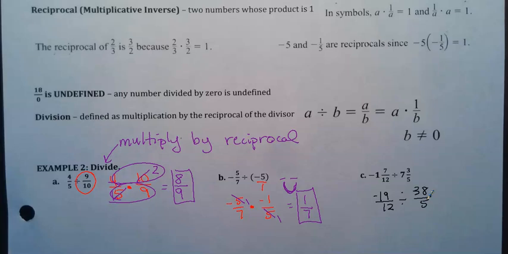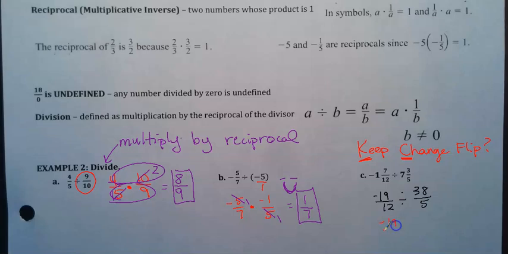Then we're going to multiply by the reciprocal. Another way you might have heard this is keep, change, flip. Have you heard that? Or KCF? We keep our first number, the dividend. We change the operation from division to multiplication.